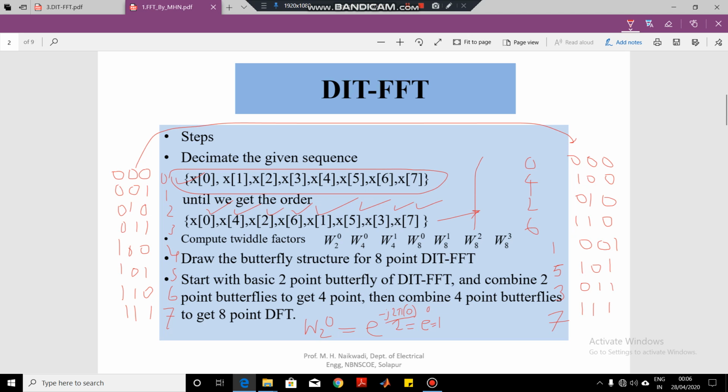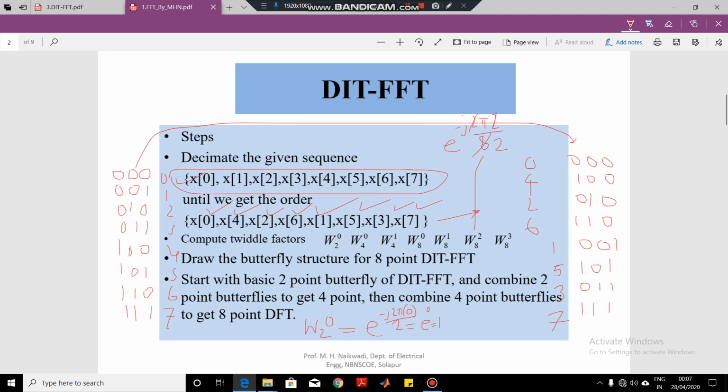Similarly, we can compute W82. W82 will be e raised to minus j 2 pi nk divided by N. What is nk here? nk is 2, and capital N is 8. So 2 times 2 is 4, and 4 times 2 is 8.